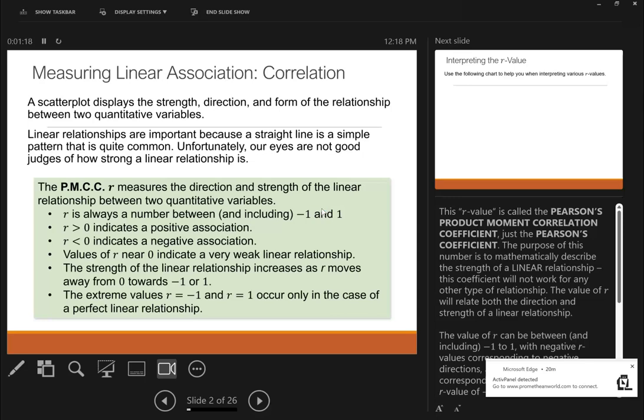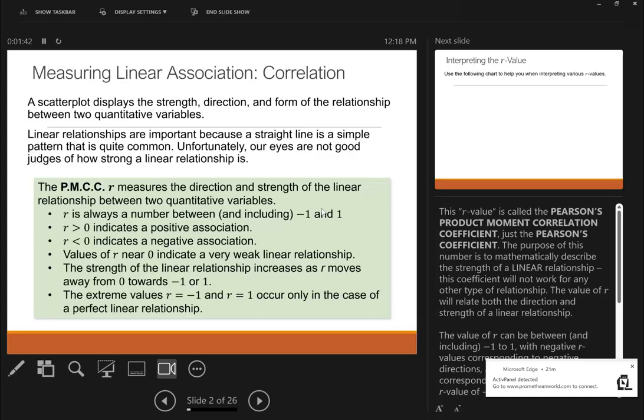So to judge the strength of a linear relationship, I want to emphasize that this is only talking about the strength of a linear relationship. We can use the statistic called the Pearson product moment correlation coefficient, which we abbreviate as PMCC.